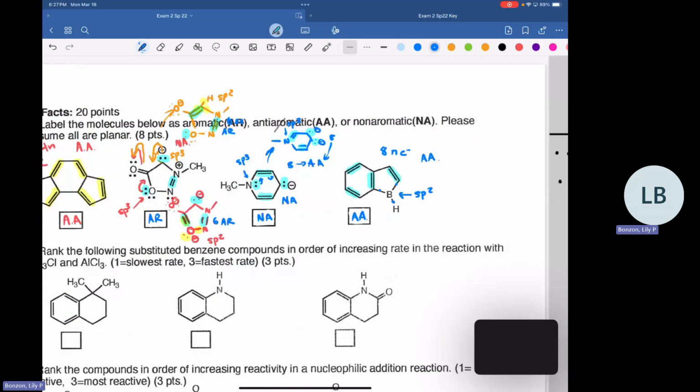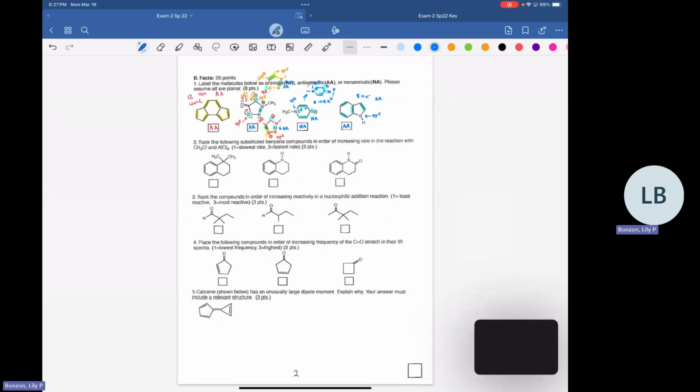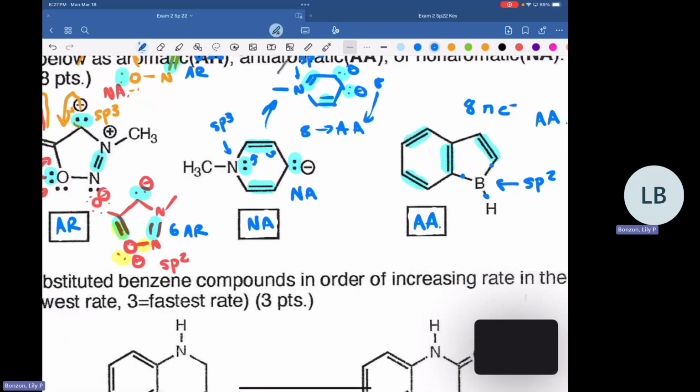All right. Any questions for aromaticity? Yes. So in the first structure that we're given, the nitrogen is going to be sp3 because it's got those 4 regions. It's got the lone pair and the 3 single bonds around it.